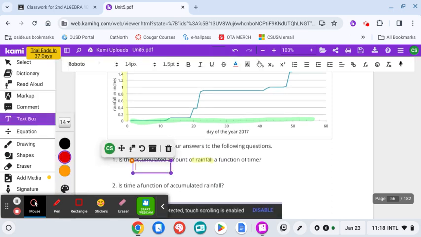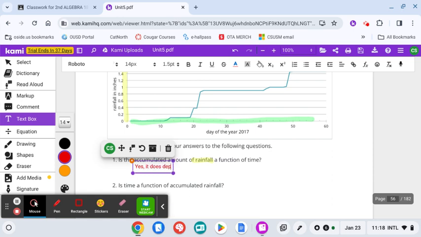A sample answer from class is yes, it does depend on time. It is a function of time. So we would say rainfall in inches is a function of time.